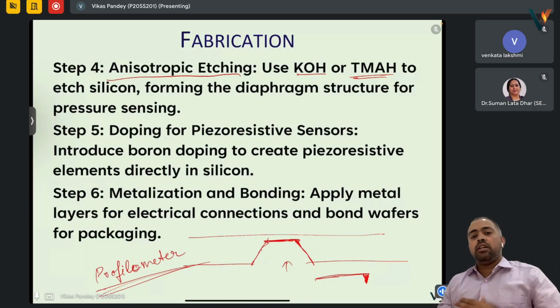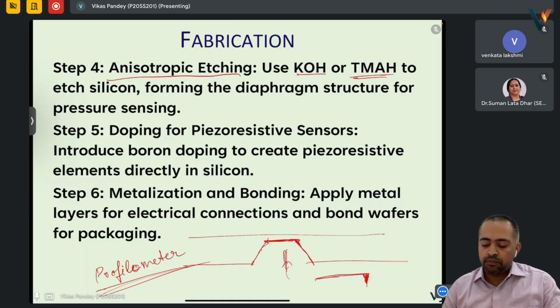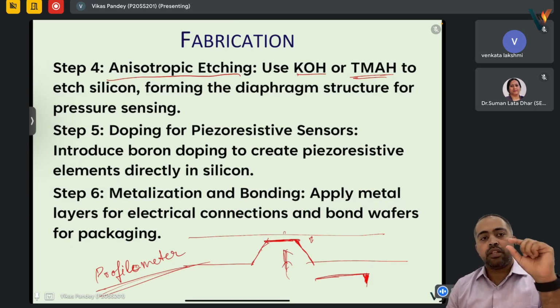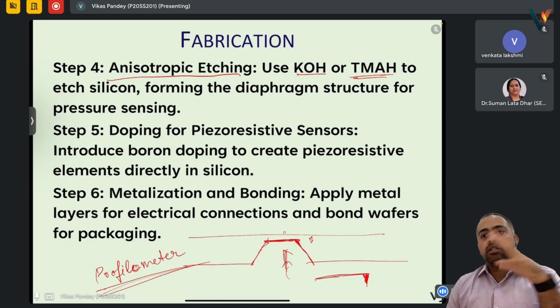So it is done regularly, like after every 15-20 minutes, it will be taken out and checked, regularly, until we have achieved the proper amount of etching and the required thickness, because the thickness of the membrane will determine how much flexibility it will have, and if it becomes too thin, it will get damaged easily and it will not be able to sustain higher pressure.